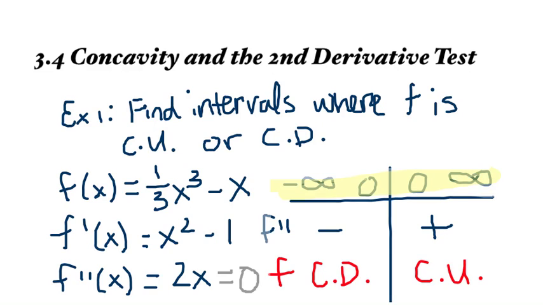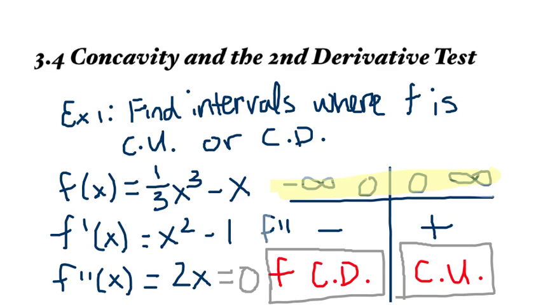Therefore, f is concave down on that interval. And when you substitute in a value between 0 and infinity, you get a positive outcome for the second derivative, which means f, the original function, is concave up on that interval.